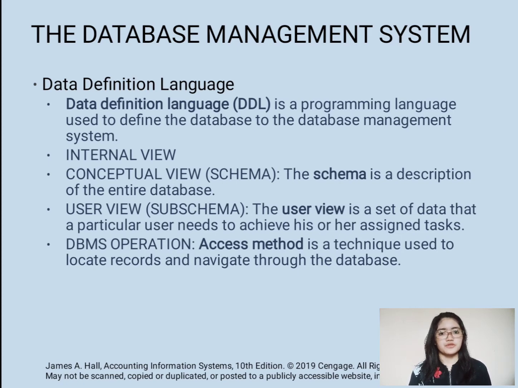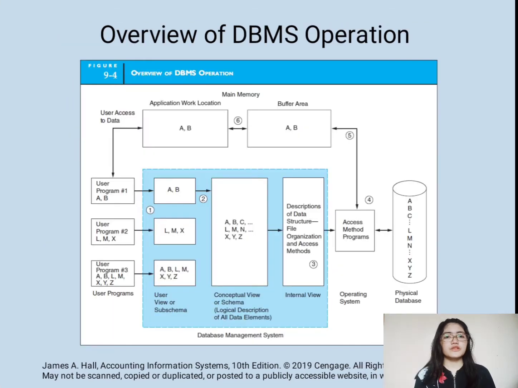DBMS operation. Access method is a technique used to locate records and navigate through the database. A review of DBMS operation shows how users access the database in two ways. The first is via a user application program that the system professionals prepare.